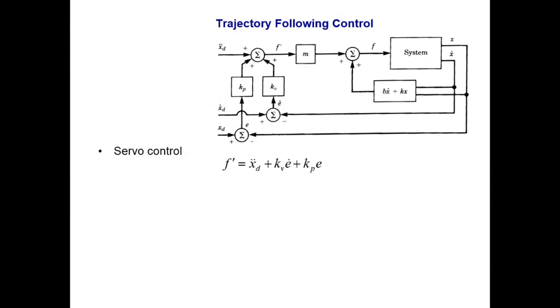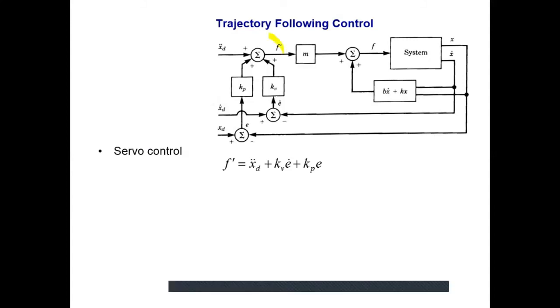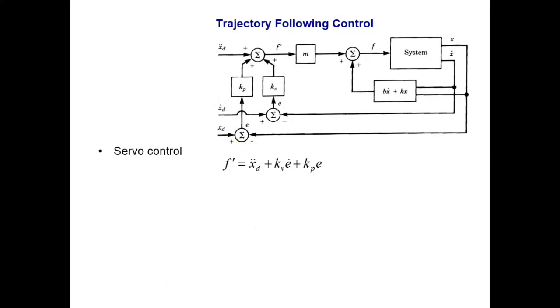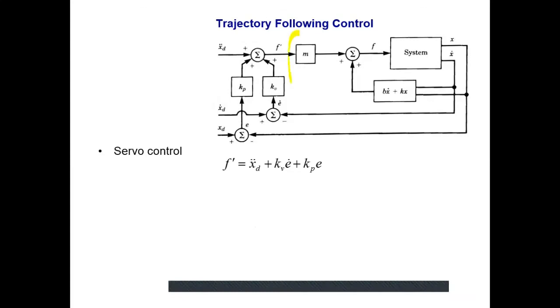For this particular scenario, the servo control will follow this expression: f dash is equal to xd double dot plus kp into e plus kv into e dot. We know that the application of this model based portion makes this whole system equivalent to a unit mass without any damping or without any spring stiffness.